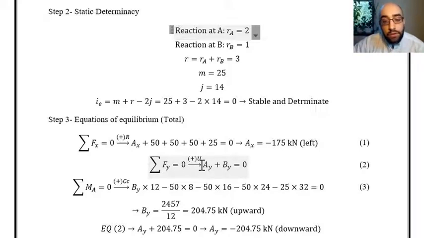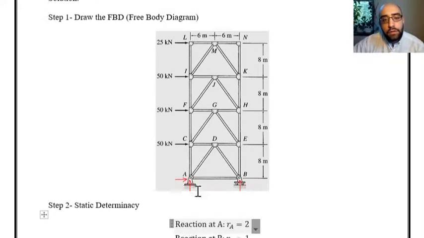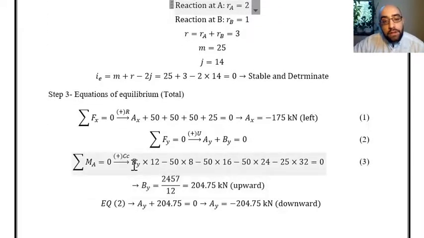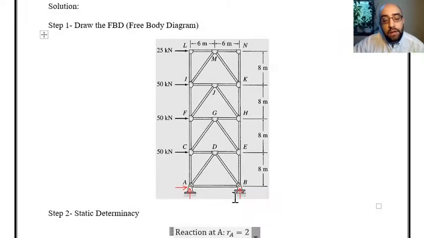The thing is that we have two unknowns, so we have to write the third equation for finding the unknown values. For that, I can say summation of moments about A equal to 0. I have the moments because of these forces, and also the moment because of the reaction at B. Those are written over here, and by solving this equation, the only unknown is By, and we can find By as 204.75 kilonewton, and this is positive, which means that it is upward.